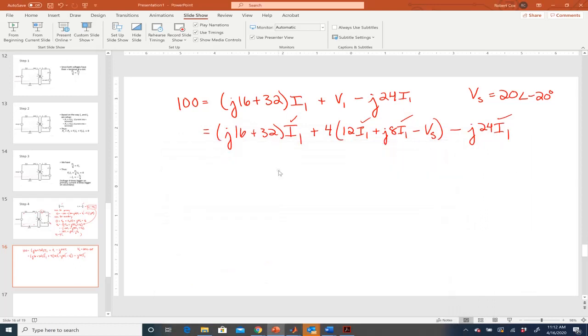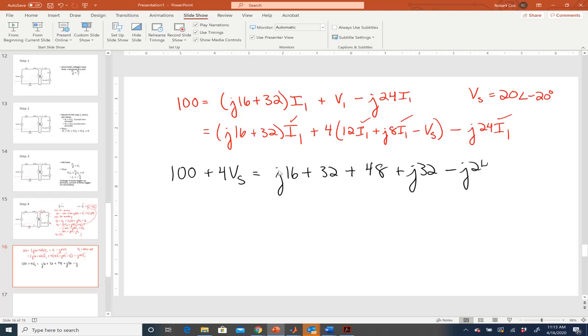Because what I would have to do here is I rewrite this guy as 100 plus 4Vs equals j16 plus 32 plus 48 plus j32 minus j24, all of that times I1. So I grouped each term, right? So here's j16 plus 32. Here's the 48. Here's 8 times 4 is 32. And then minus 24j is right there.